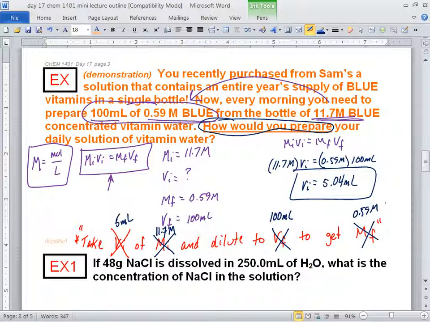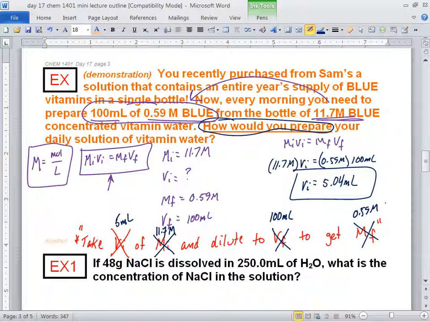So take 5 mils. Here's my 11.7 molar. So suck some up. What is this doohickey called? Graduated cylinder. Yeah, so I need 5 mils of it. Nailed it. There's my 5 mils. Then I need to dump it where? In a flask that says 100 mils on it.